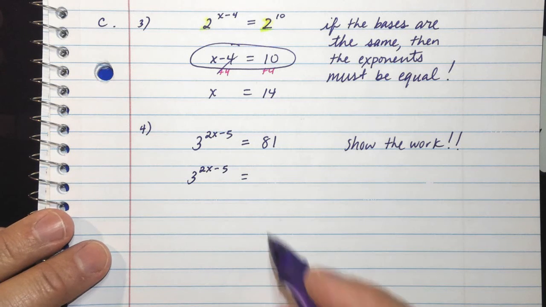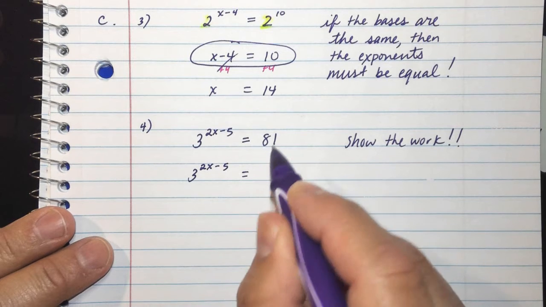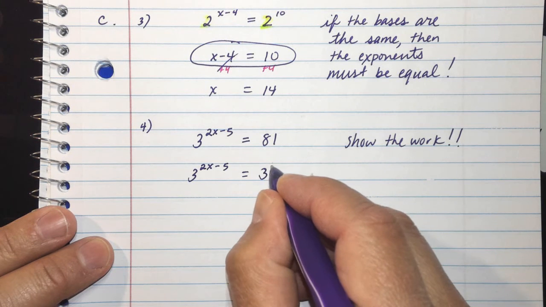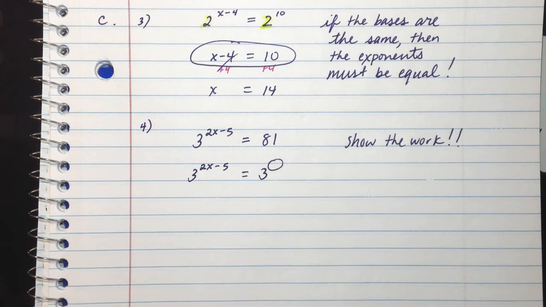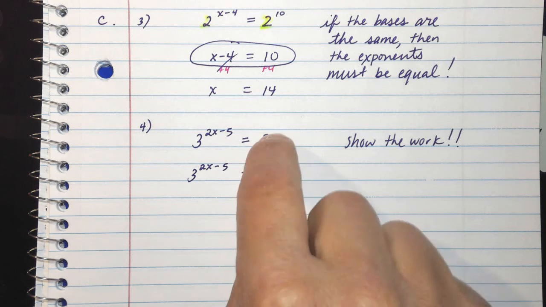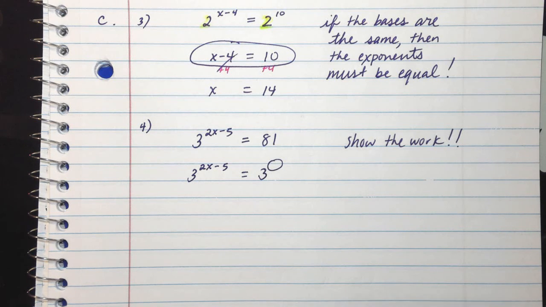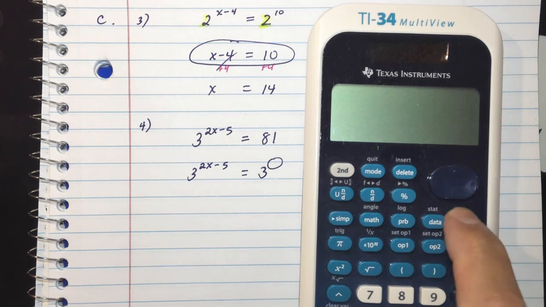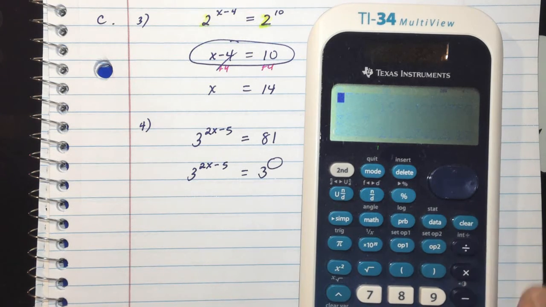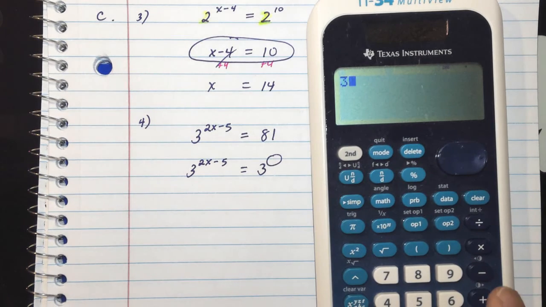Small and high. And then you have to change this to 3 to the power of what? All you're doing is replacing the 81 with something that it's equal to. That is perfectly legal. I know it's not 2, because that's 9, right?